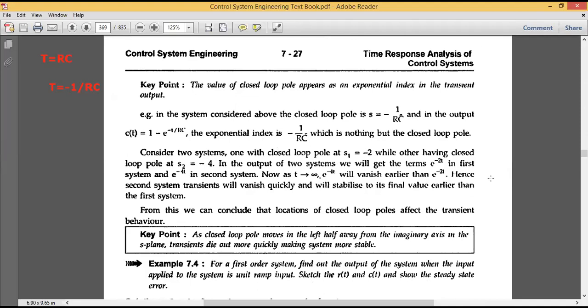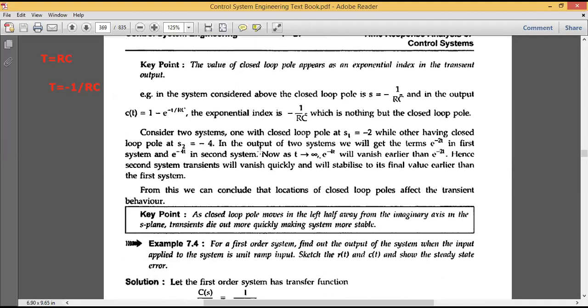Now for example, consider two systems with closed loop poles. Consider a system which has two poles, one pole S1 equal to minus 2, and another pole S2 equal to minus 4. You can see the minus symbol here, and based on that minus symbol we represent them.